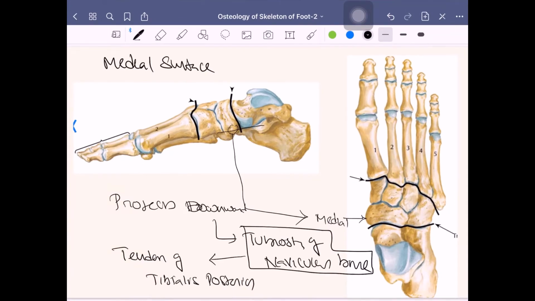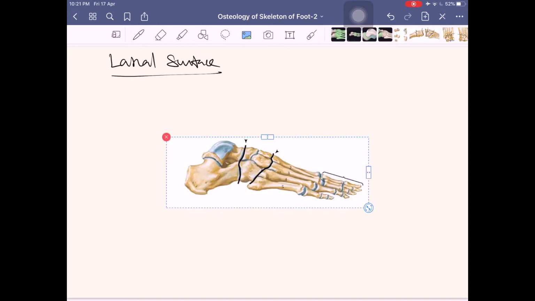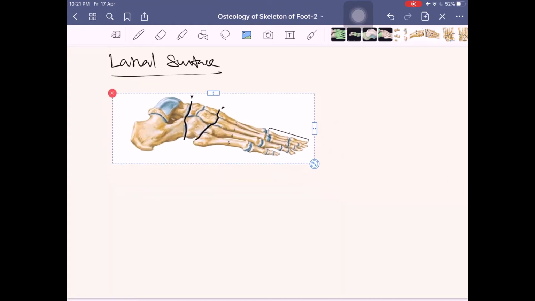Now the last surface is your lateral surface. So here we have the tubercle. The last surface now is your lateral surface. For the lateral surface we take this picture.